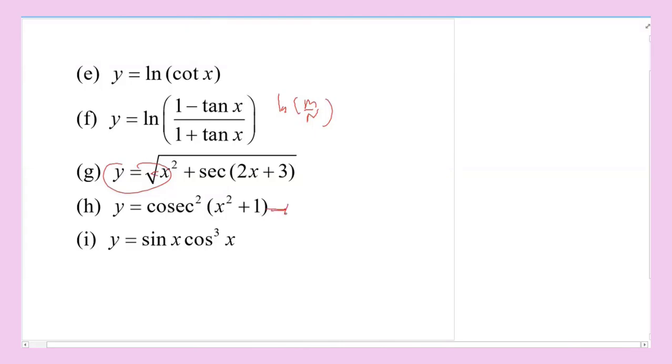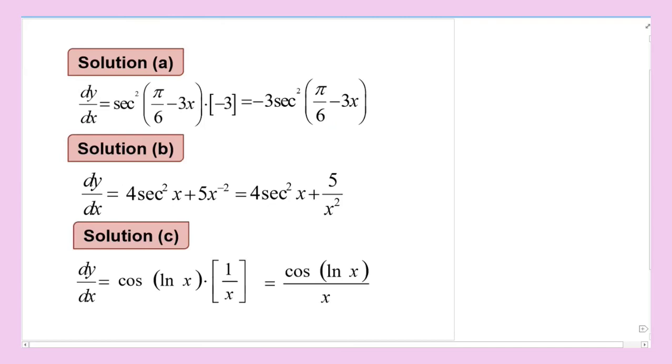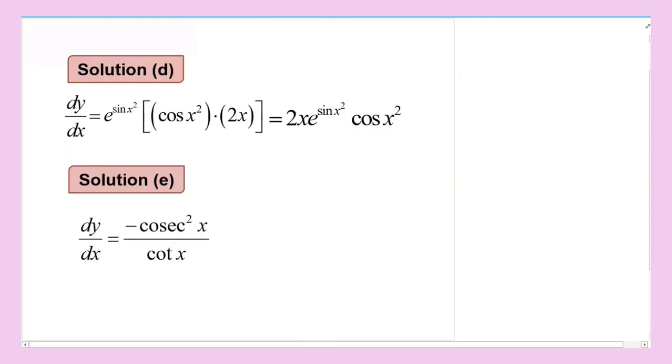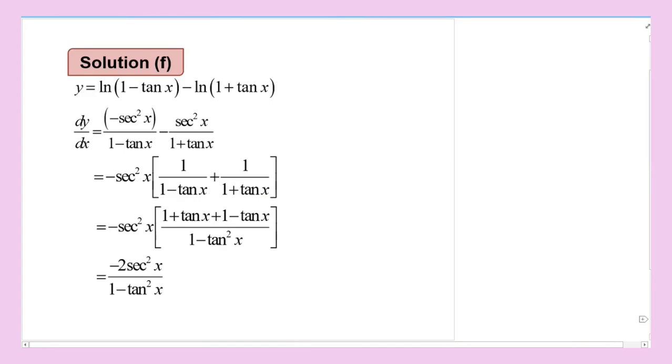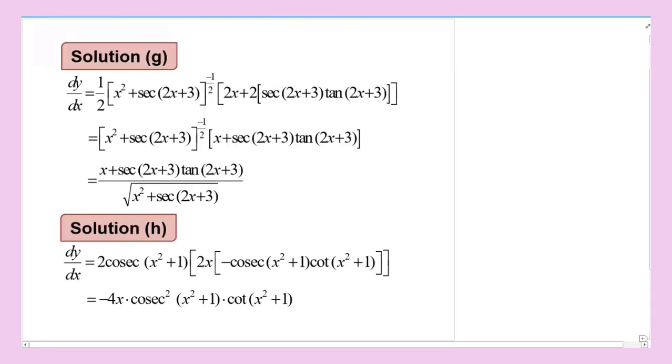Yang ni alternate. Cosecant x squared plus 1. Alternate. Okay. Yang ini product rule. Okay, just apply alternate lah kan. Product rule itu je. Okay, solution. Okay. Solution for F. Okay.